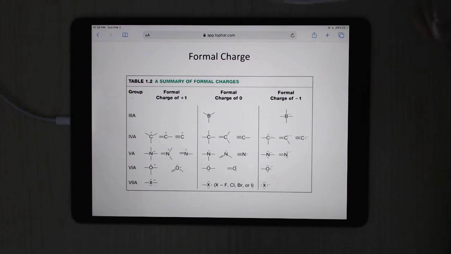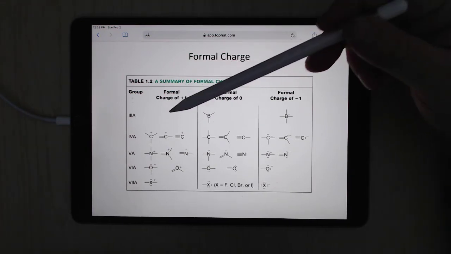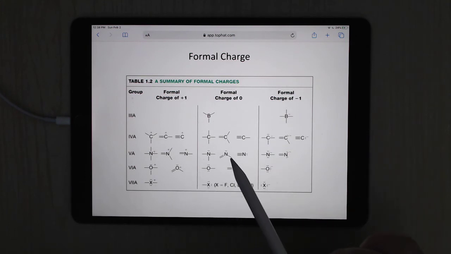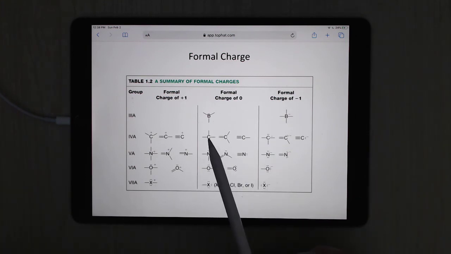If you look at these, what the atoms really want to do: carbon really wants to have 4 bonds, nitrogen wants to have a lone pair and 3 bonds, oxygen wants to have two lone pairs and 2 bonds. The halides, so fluorine, chlorine, bromine, iodine, want to have 3 lone pairs and a bond.